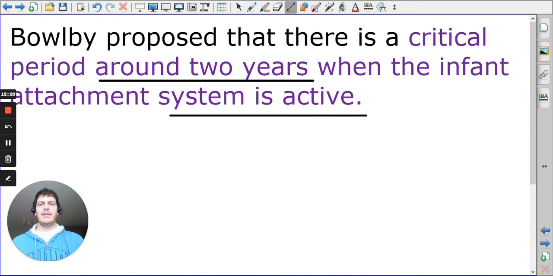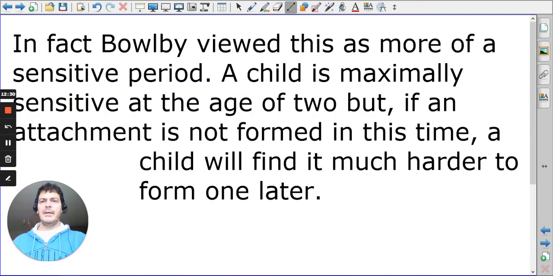Okay, so there's a couple of things that we need to do to narrow it down and simplify it. So this 2-year period, I think, is a fair enough understanding of it. He does say that actually in the first 12 months or so, the child becomes even more open to attachment.